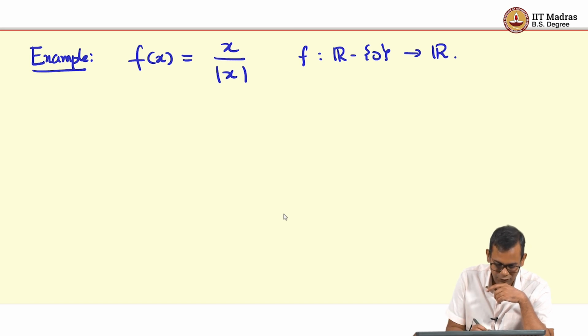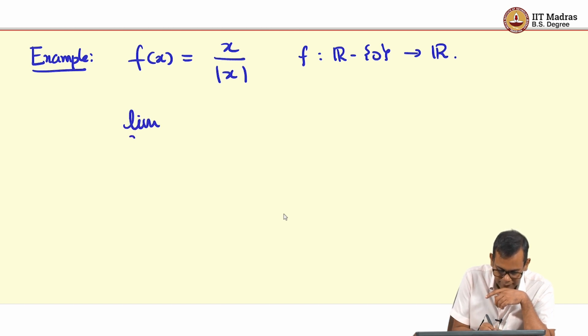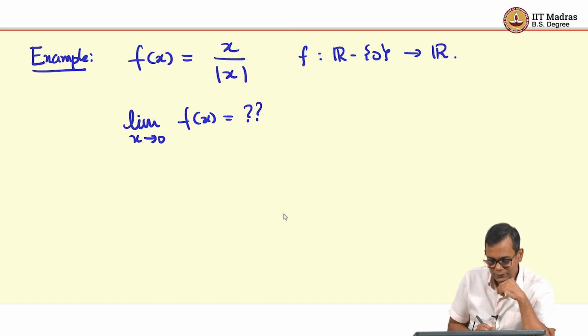So, this is a function like that, and now we could ask what is the limit as x goes to 0 of f of x. Now, let us just compute a few values of this function. If x is equal to 1, then what is the value of this function? Well, the numerator is 1, the denominator is 1, and the value of f is 1.